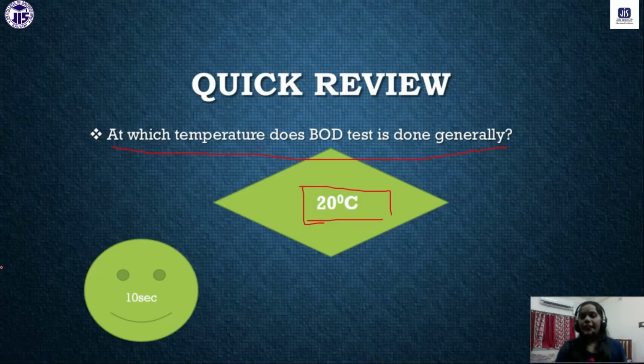That we will see after the rate constant of the BOD reaction, and then we will measure the final BOD of our sample. So from the initial value and the final value, we can get the BOD of our wastewater sample.